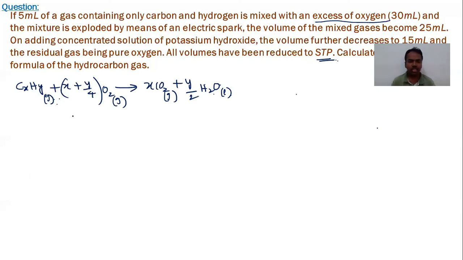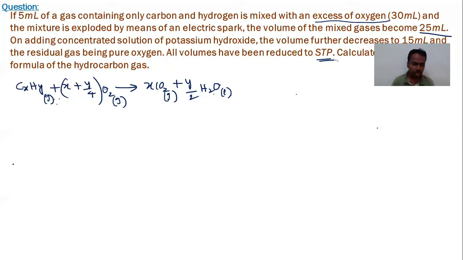After complete combustion, the volume of mixed gases. Where are the two gases here? Since we take excess O2, after complete combustion some O2 is unreacted and remaining, and the CO2 is also produced. So O2 is there in the reaction mixture and CO2 is also there. The volume of these two mixed gases is given as 25 ml.